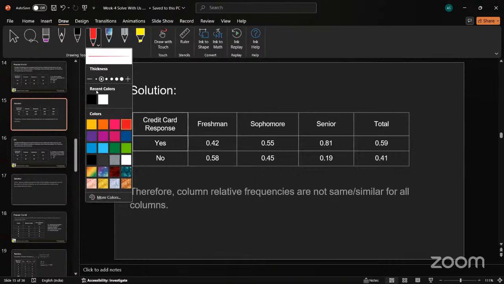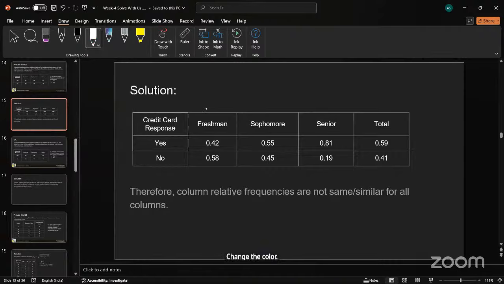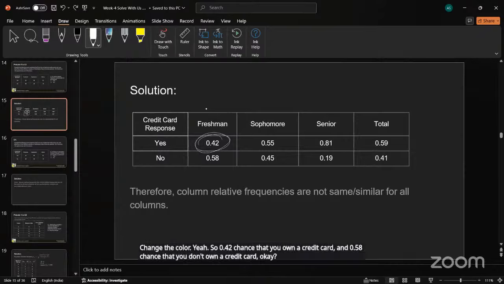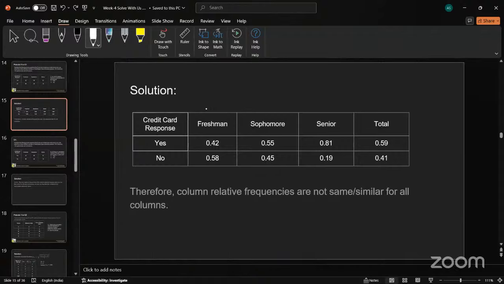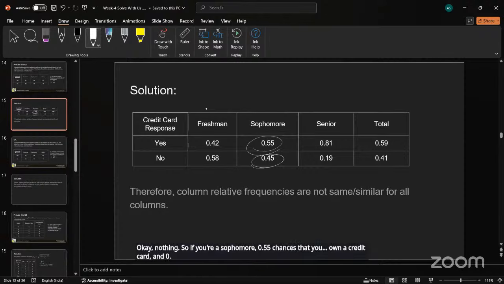Let me change the color. So 0.42 chance that you own a credit card and 0.58 chance that you don't own a credit card. If you're a sophomore, there is a 0.55 chance that you own a credit card and 0.45 is the chance that you don't own a credit card.